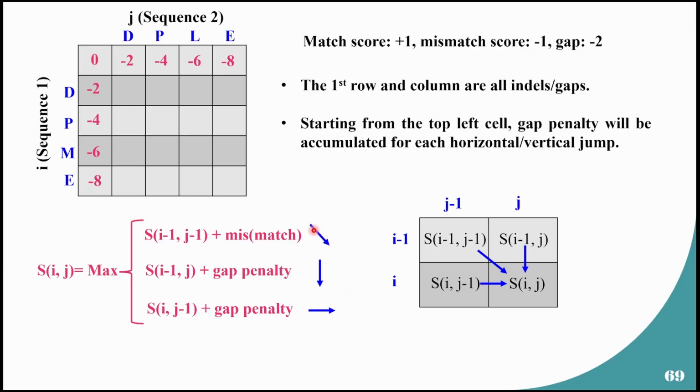You reach a particular cell from a variety of directions: the diagonal direction, a vertical jump, or a horizontal jump from above and from the left side. You do these calculations and then figure out which of these scores is the best one. The most positive score among those is what you put inside of this cell.